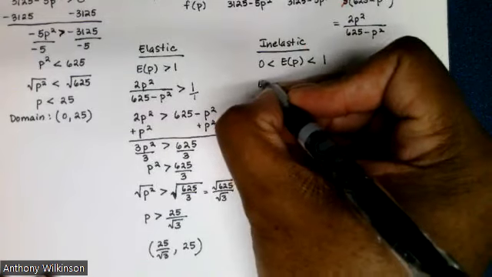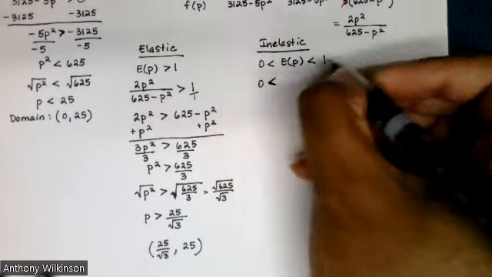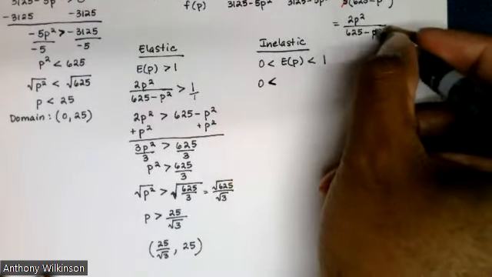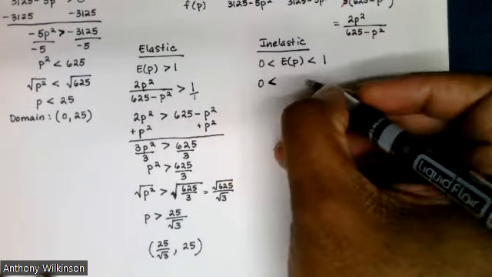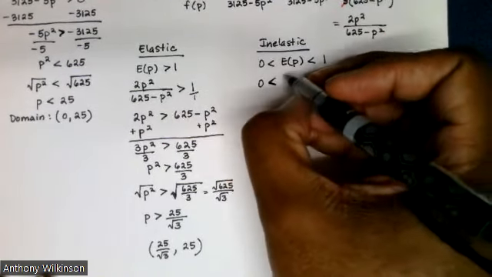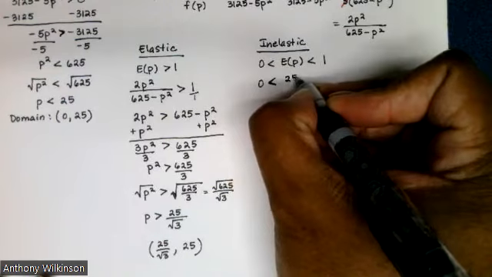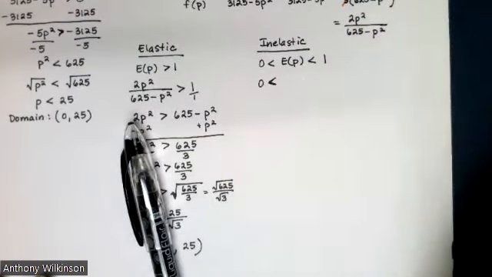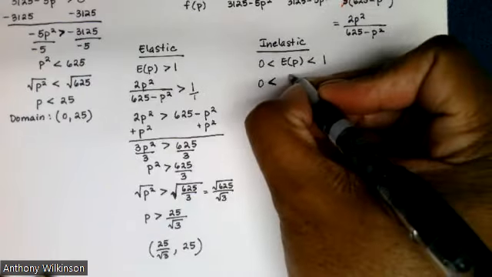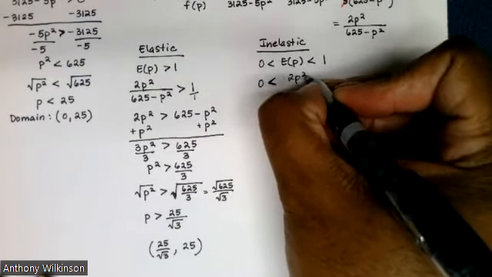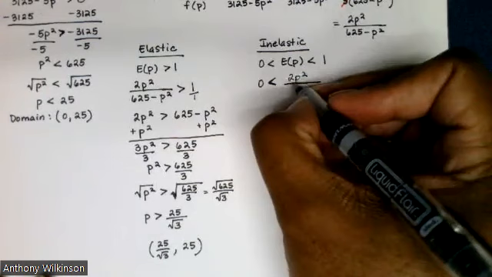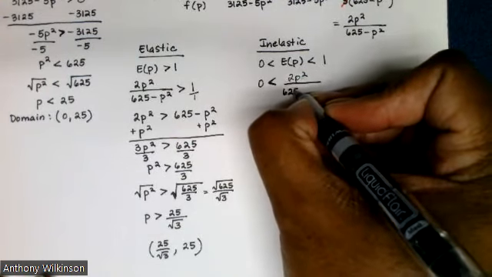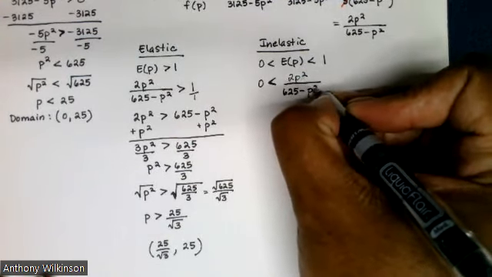Our E of P in this case, I'm bringing the 0 down, that's less than, your E of P is this right here, 2P squared over 625 minus P squared.